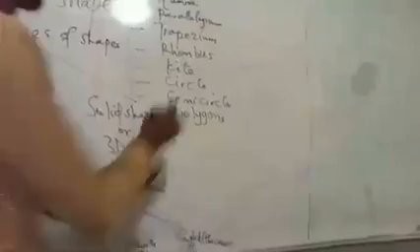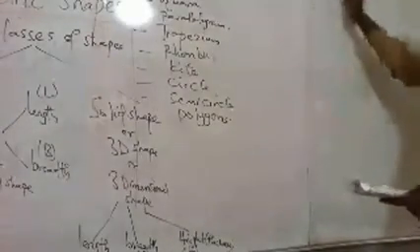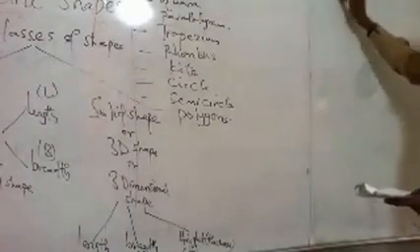Now let's start taking this one after the other. The triangle. I believe we all know what a triangle is. I will draw the shapes, then later I will take the properties of this shape. This is a triangle. We have different types of triangle. We'll talk about that later. Square. This is a square.